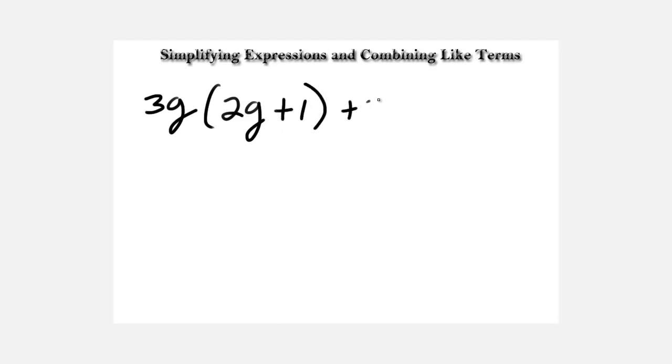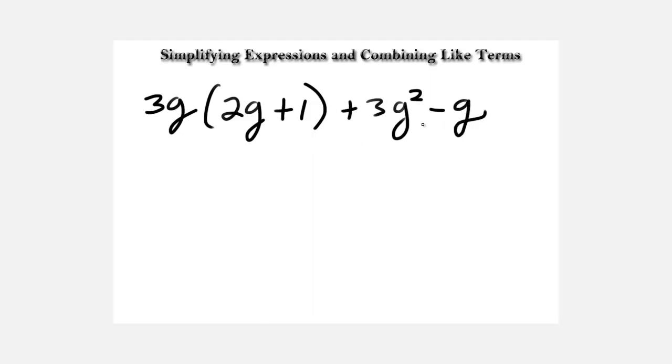Alright, let's take a look at a different one. Let's say we have 3g in parentheses 2g plus 1, plus 3g squared minus g.